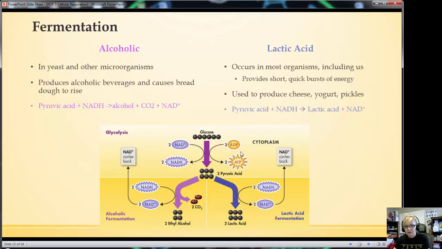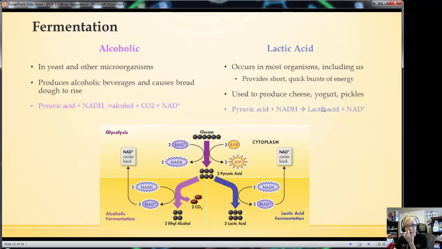So that's like a cycle. What else is going to be produced? Oh, and our pyruvic acid is entering this. It's a reactant entering this cycle. Pyruvic acid is going to turn into lactic acid, just a different type. That lactic acid is produced as well as NAD+. No carbon dioxide is produced in this process, just lactic acid and NAD+.